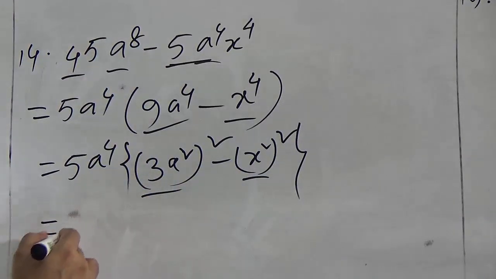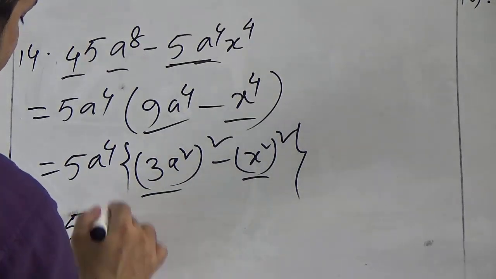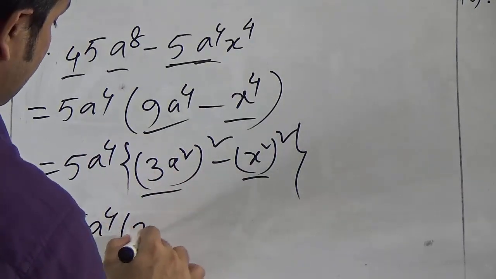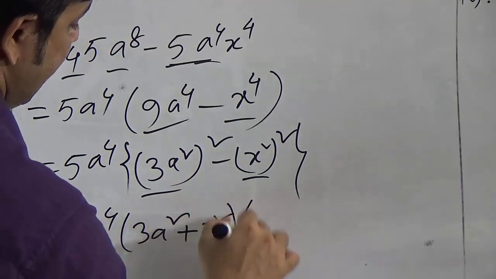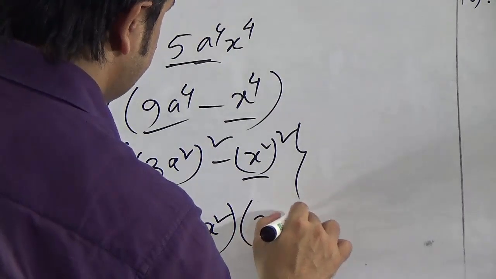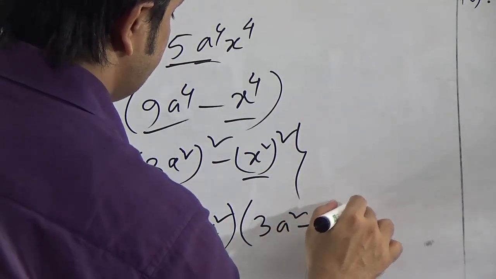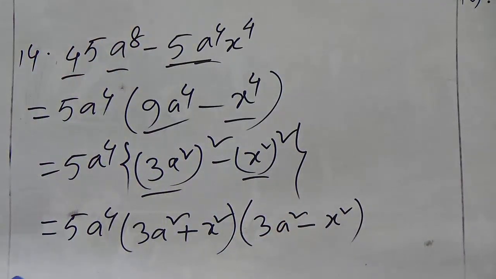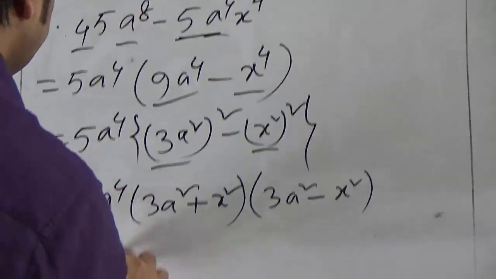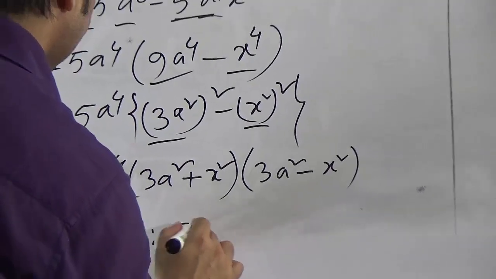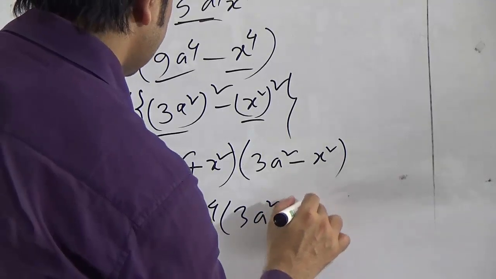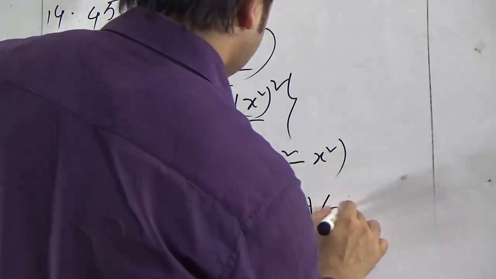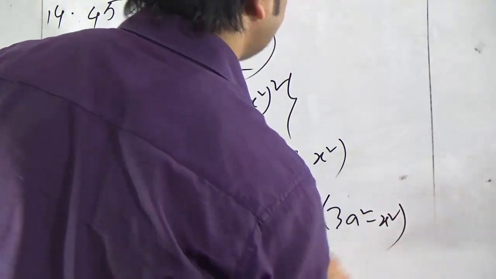The formula of a square minus b square is a plus b into a minus b. A means 3a square, b means x square. This is our required answer for question 14: 5a to the power 4 into 3a square plus x square into 3a square minus x square.